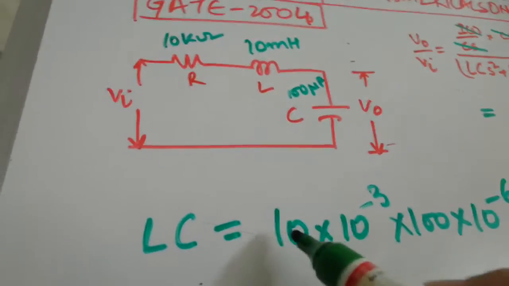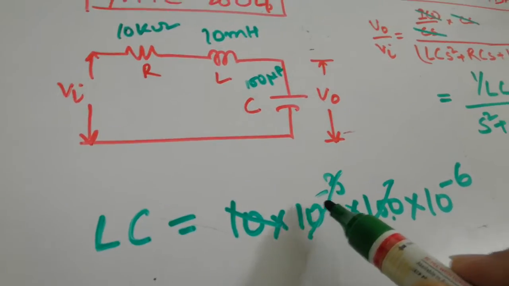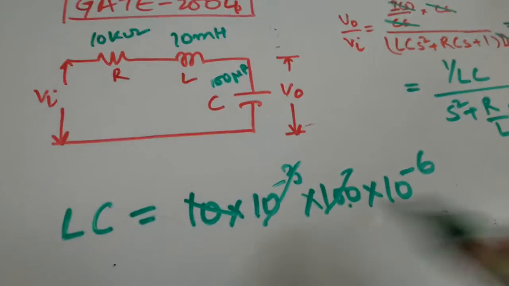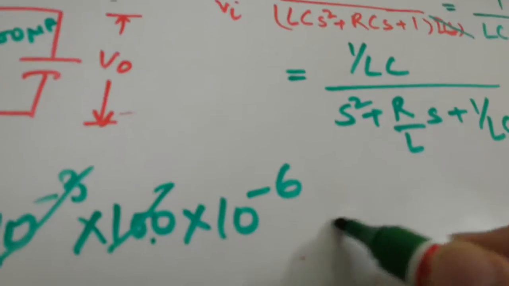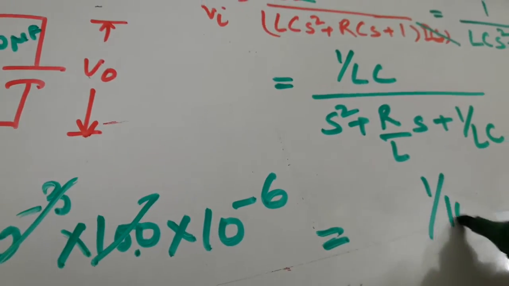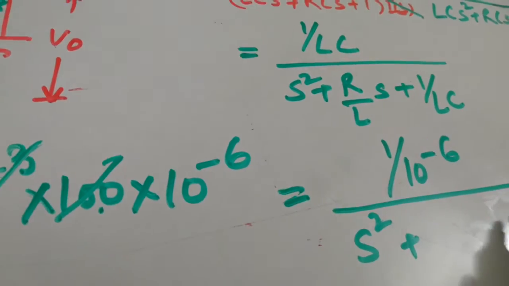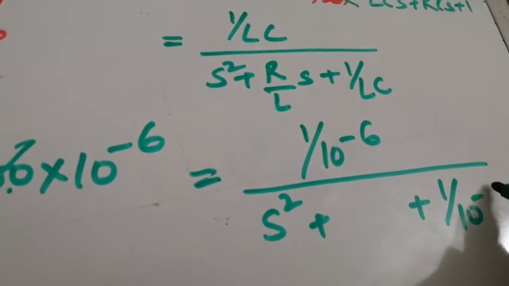So this whole thing will get cancelled out because this is 10 raised to the power 3 into 10 raised to the power minus 3, and I am left with 10 raised to the power minus 6. So that is 1 upon this. We have to put the value, so I am only putting the value of what we have just calculated. So this will be s square plus, and here it will be 1 upon 10 raised to the power minus 6.